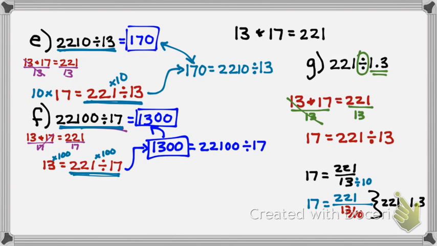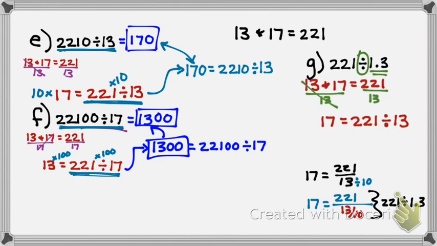But now I got to figure out how to do that to the other side. Because on the other side, I don't have division, and I certainly don't have a fraction on the bottom of my division, right? Does anybody remember the special rules for how to divide by a fraction?